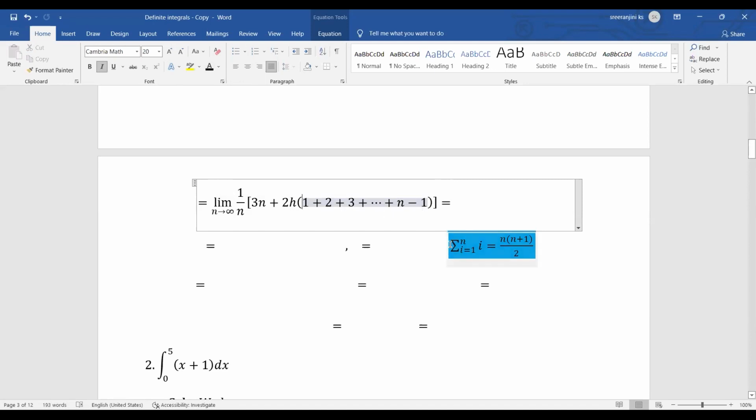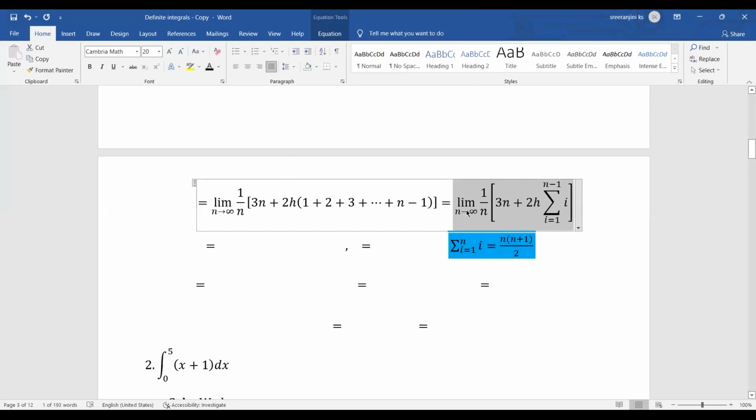What is the sum of first n natural numbers? Sigma i equal to 1 to n, i equals n into n plus 1 by 2. Here in the place of n, we have n minus 1. So if we replace this n by n minus 1, it will be n minus 1 into n by 2. So I'm going to replace this using that formula.